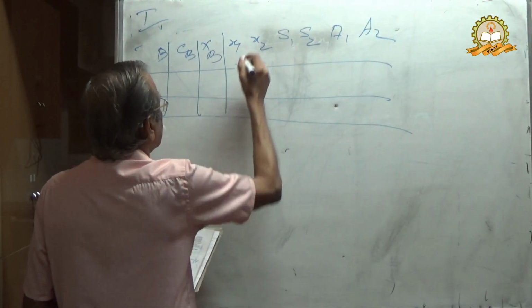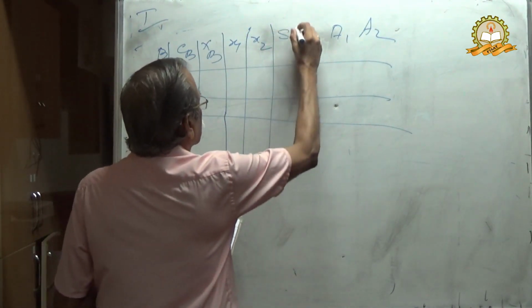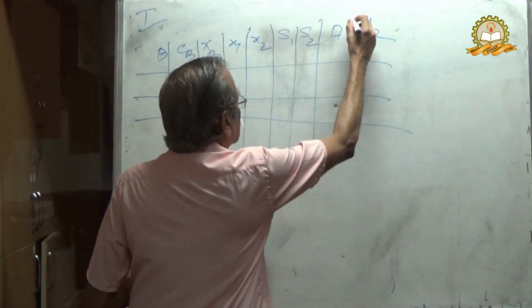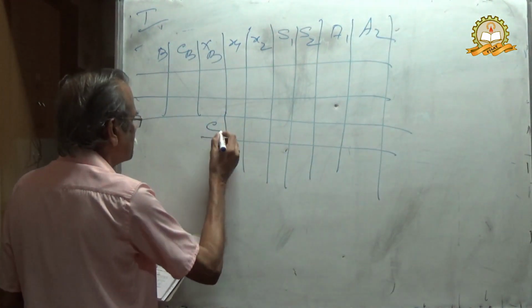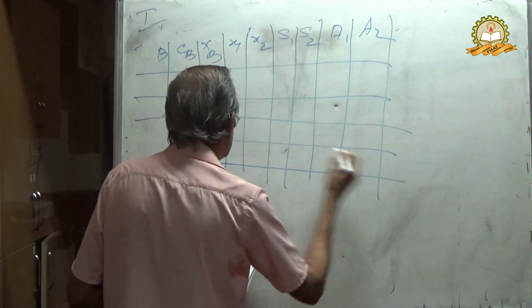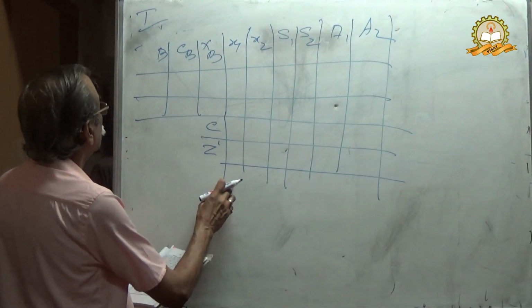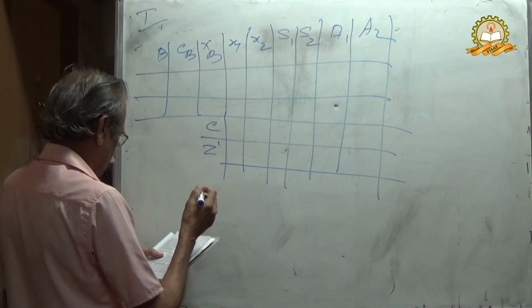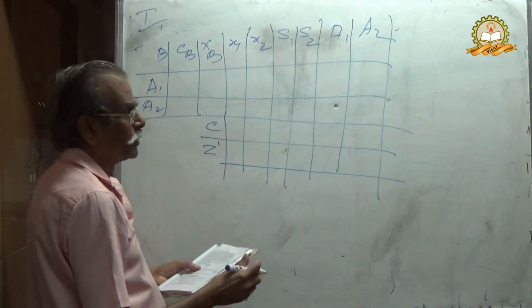Here you initially write C and Z dash. The basis has A1, A2, not S1, S2.